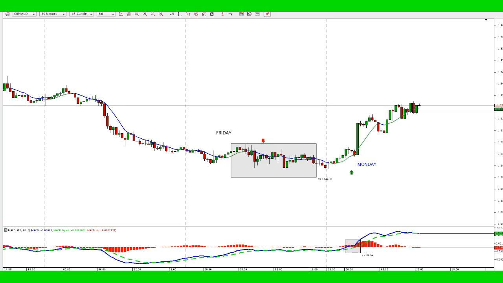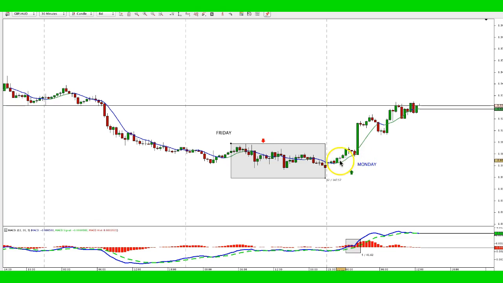The other one was pound Aussie. This is a huge winner because here's Friday's sell-off. I highlighted this on Friday, and knowing that this was the direction, all I needed was for price to break above the 8 moving average line on Monday, and there's a trade. Okay, and it went up quite a bit today, over 100 pips. Two lines of MACD crossing to the upside.